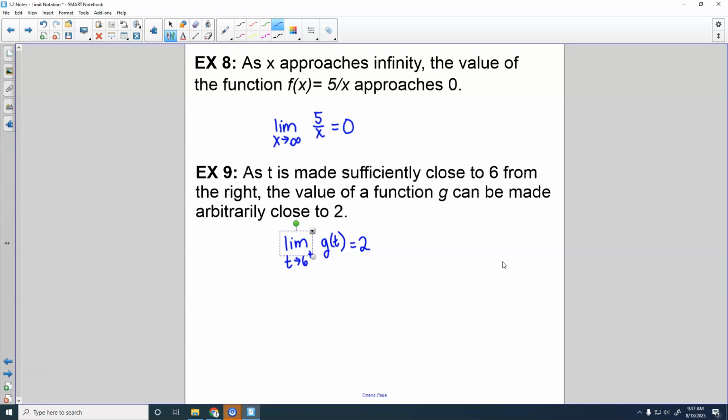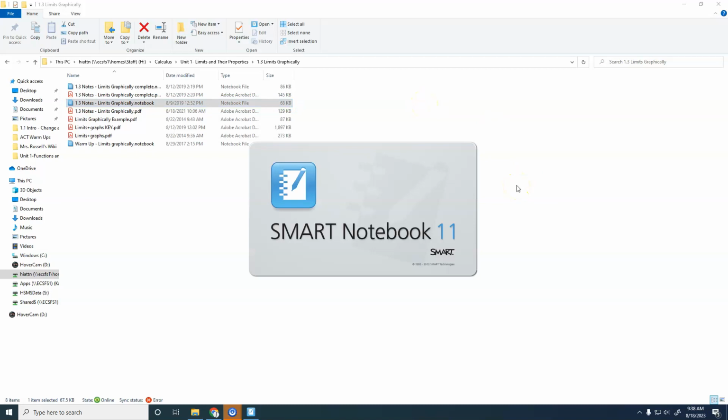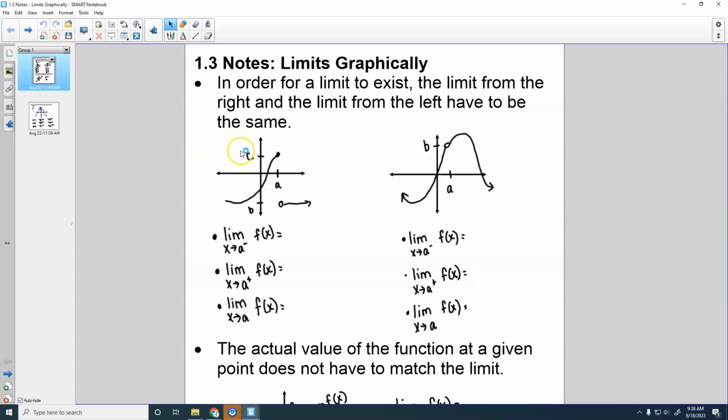This shouldn't take long. So, we're going to look at limits graphically, and I may have hole punched this on the wrong side, did I?